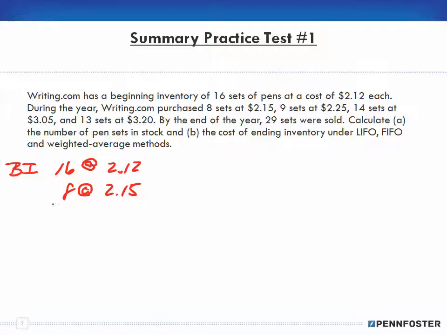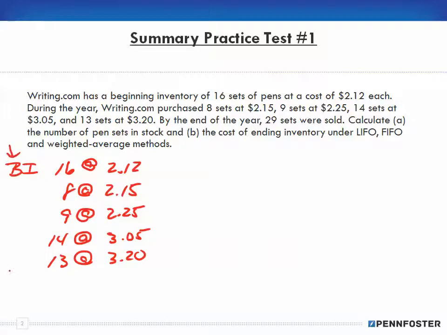My last ones in are going to be added to the list. So then we have 9 at $225, 14 at $305, and 13 at $320. So first ones in are here, last ones in are down here.